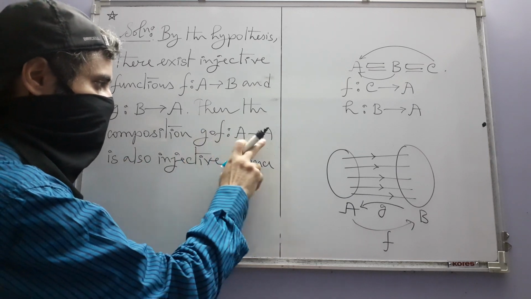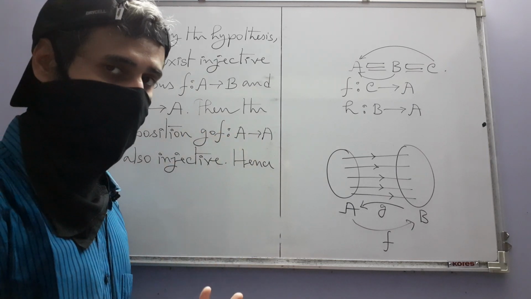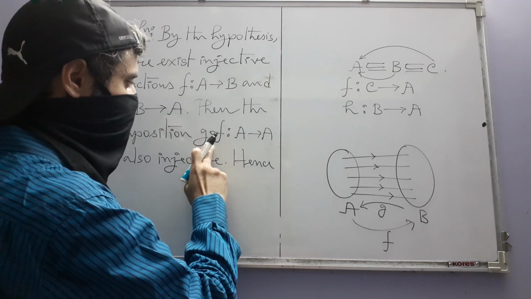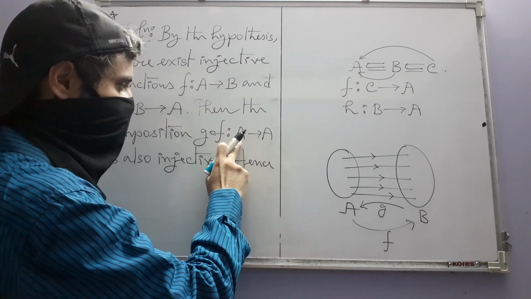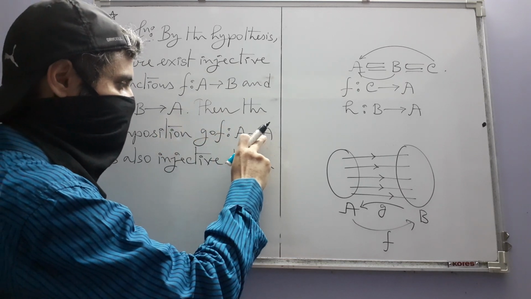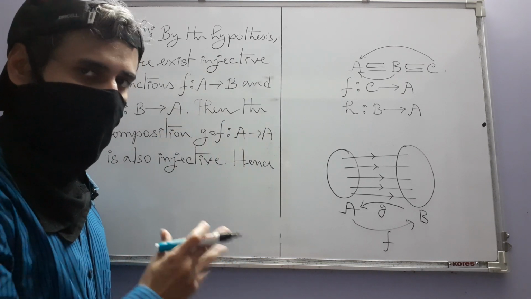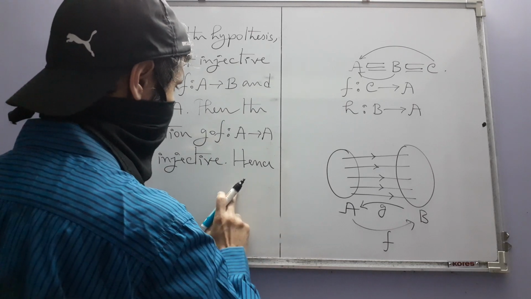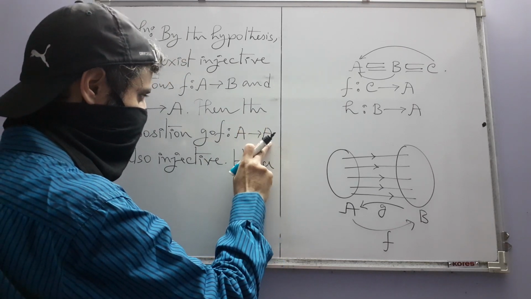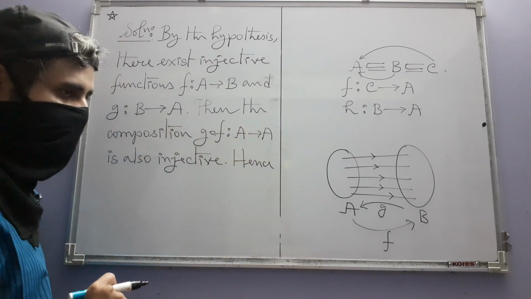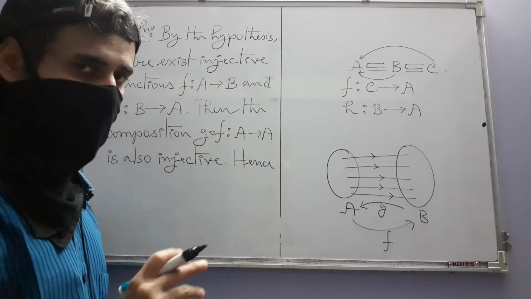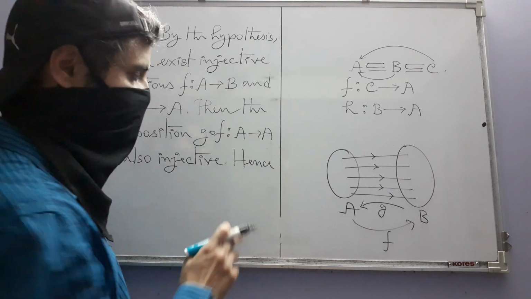However, we don't know if it is surjective as well, and hence bijective, because the image set of this function, I mean the image of A under this function, may be a proper subset of A. In that case, it will not be a surjection. But if we change this range and replace it with the image of A under this, then that function will be bijective, because it will be surjective besides being injective.